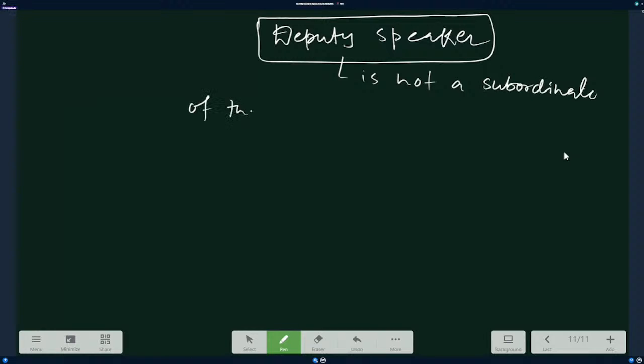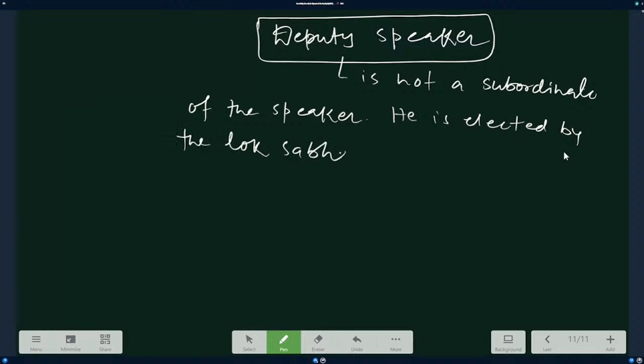of the speaker. He is elected by the Lok Sabha from among its members.